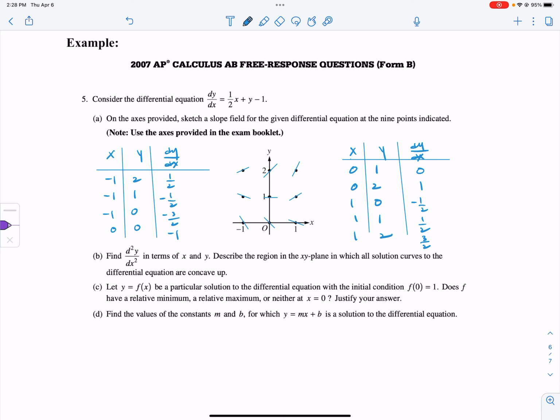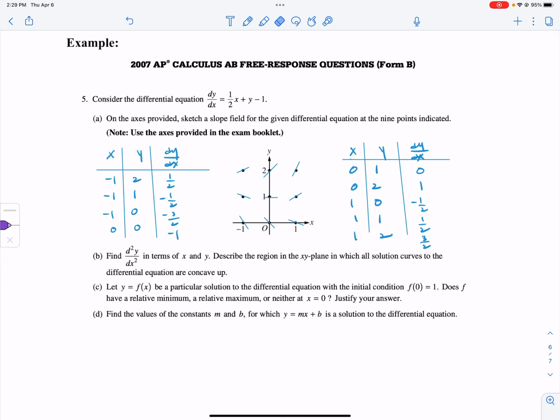So this one is, I think, maybe just easiest to make a table. Go with it. Question B is asking us to find the second derivative in terms of x and y. Make sure you're paying attention to the directions, that you're reading very carefully.